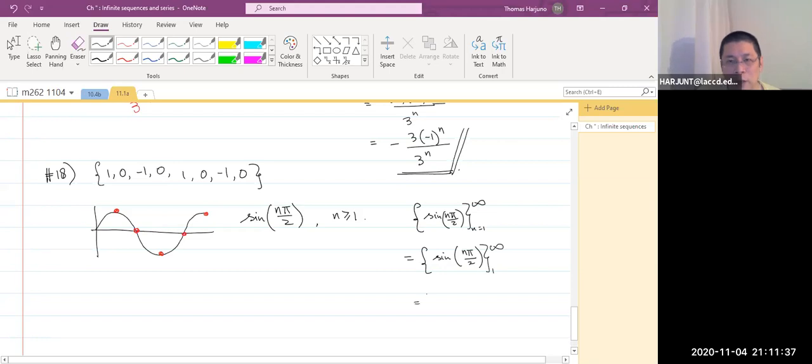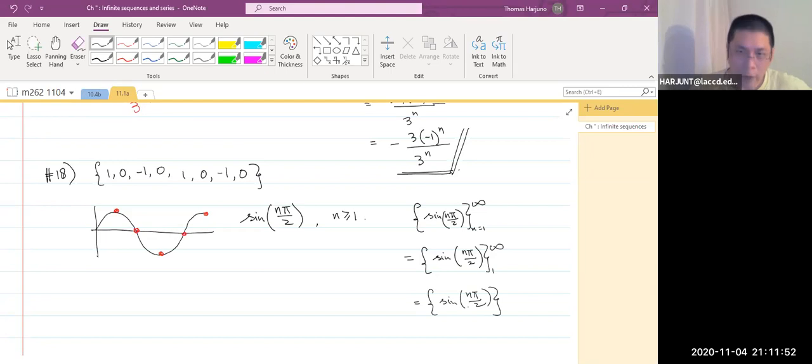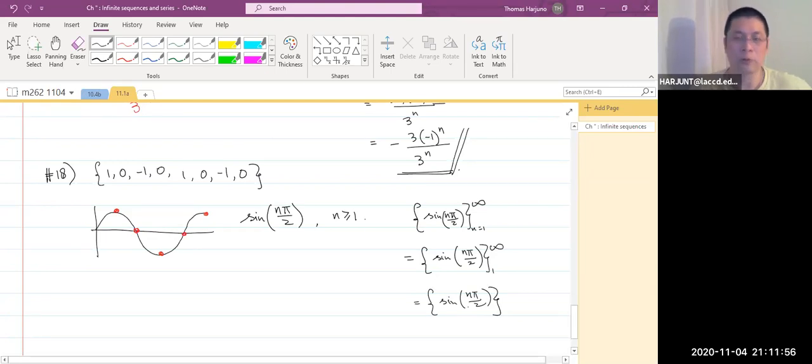In fact, going further, it is understood that you start from n equals 1 if you don't write anything. That's convention. In other words, you have to write what your n starts with if you don't start from 1.